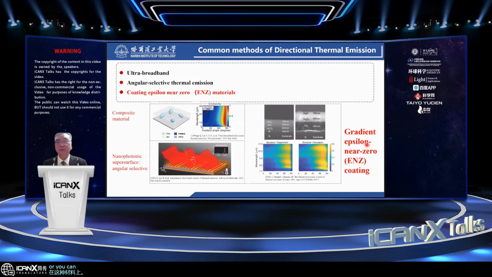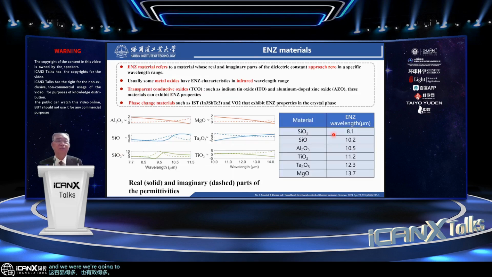Or you can do a gradient epsilon-near-zero (ENZ) coating. This is much easier and much more effective, and we're going to do this. Now, what is ENZ material? ENZ materials refers to a material whose real and imaginary parts of the dielectric constant approach 0 in a specific wavelength range.